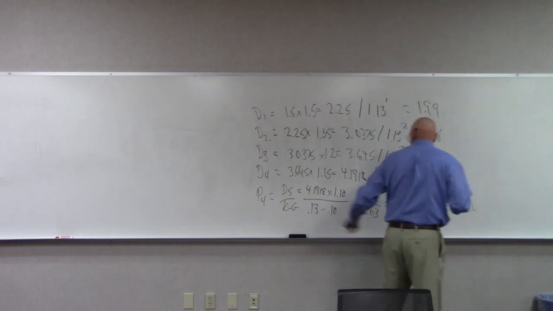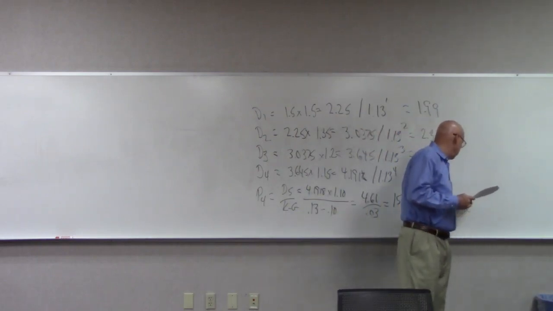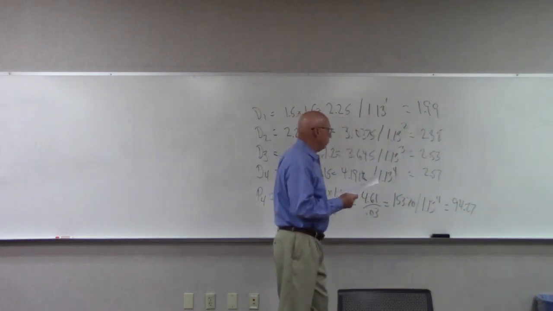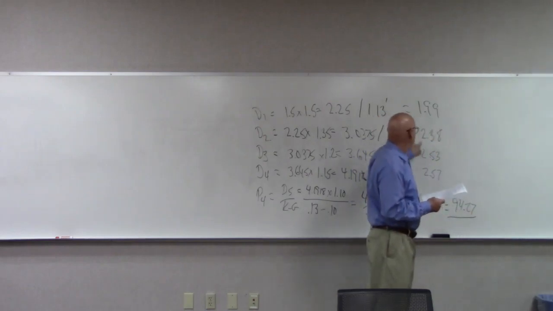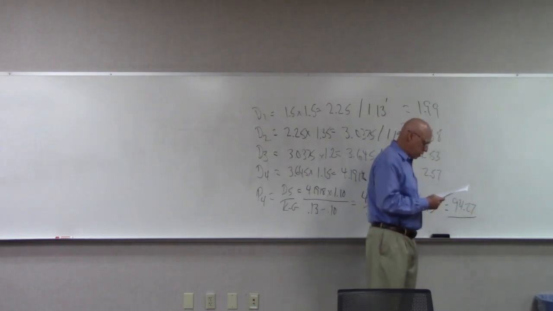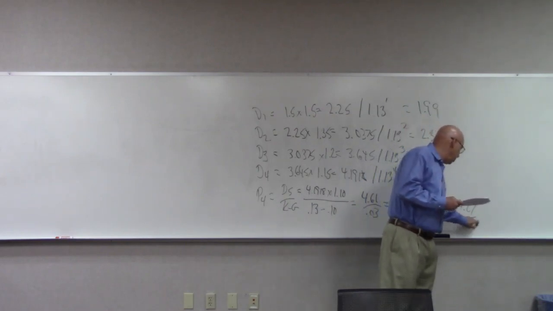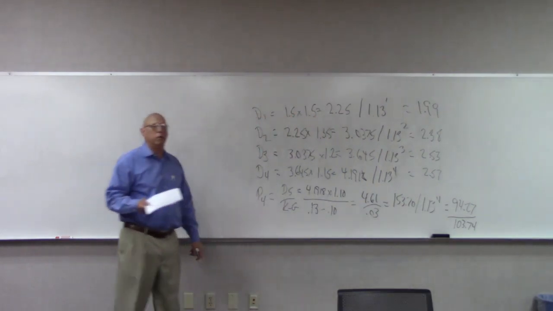Whoops. Check my math. And so now we're going to add them up. That plus that plus that plus that plus that equals 103.74. And that is a fair price to pay.